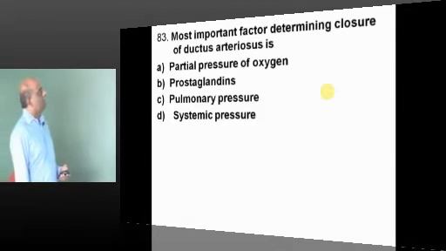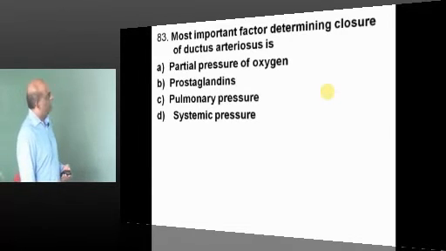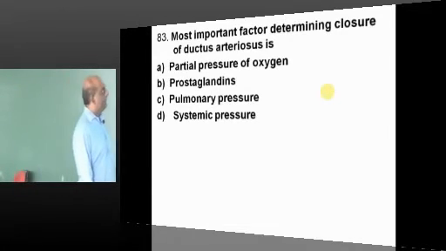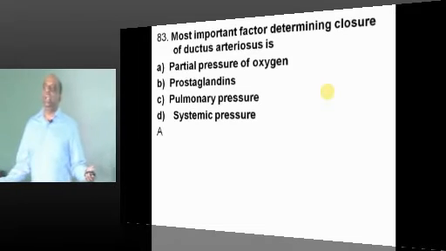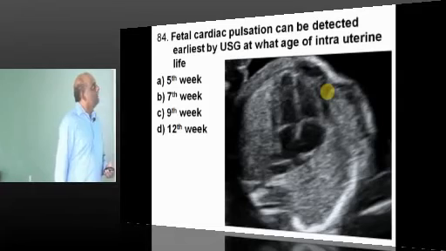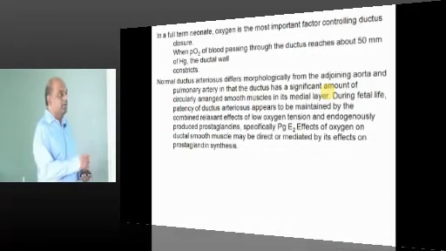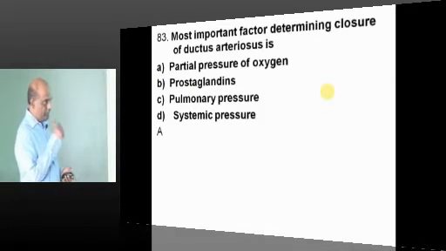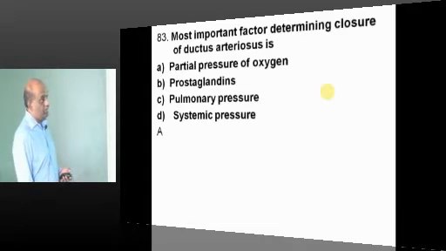Now doctor, what decides the closure of ductus arteriosus? Prostaglandins. It is the oxygen: you breathe oxygen, the ductus arteriosus closes. Sir, with the first breath of the baby the partial pressure of oxygen increases, pulmonary resistance comes down, and there is metabolism of prostaglandin, hence closure.